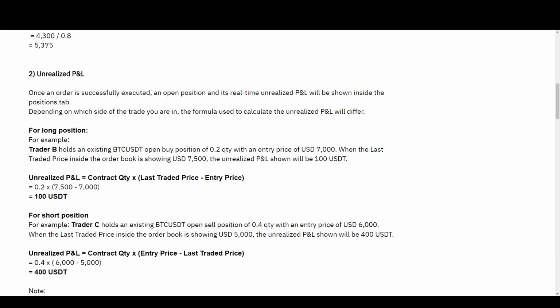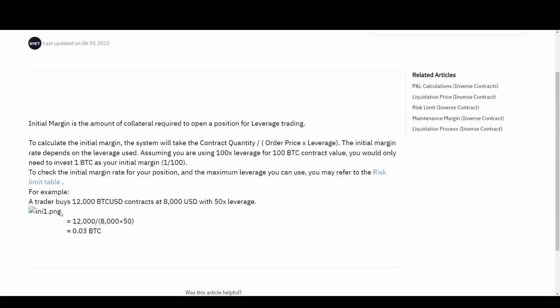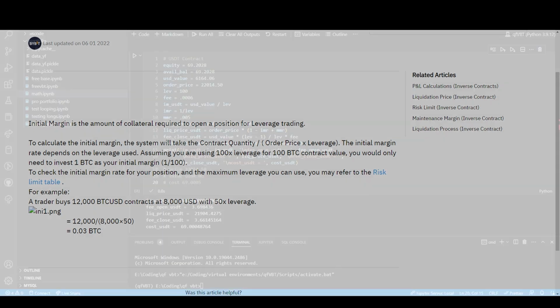Let's go through the initial margin here. This would be 12,000 contracts at 8,000. So I would basically do this and then multiply the answer by the order price. So let's do that.